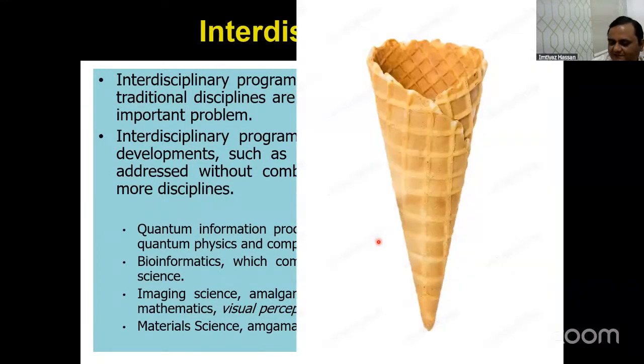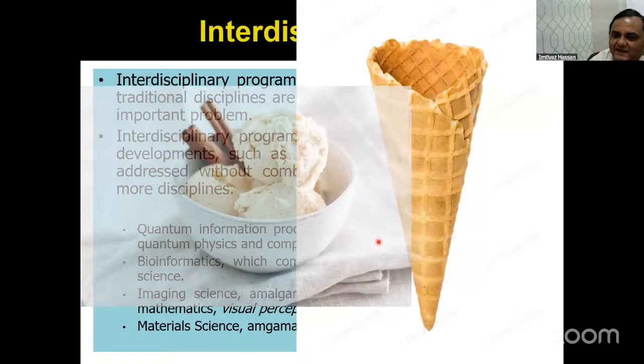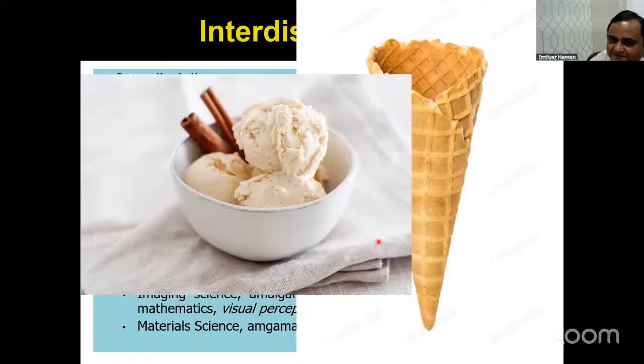I'll give you a very basic example of interdisciplinary evolution. You all have used ice cream. All the funny people like ice cream. Initially, the cone and the ice cream were sold separately. There was a football match, and one guy was selling ice cream, another guy was selling cones.